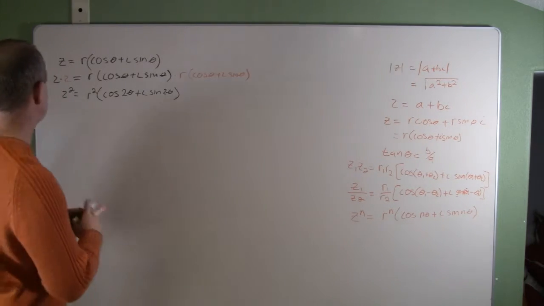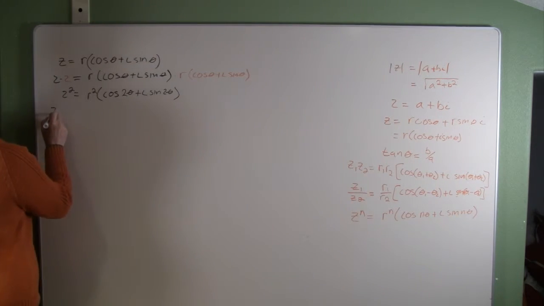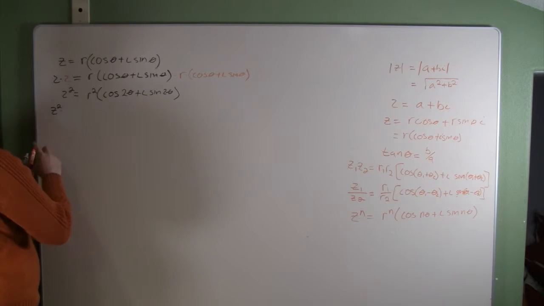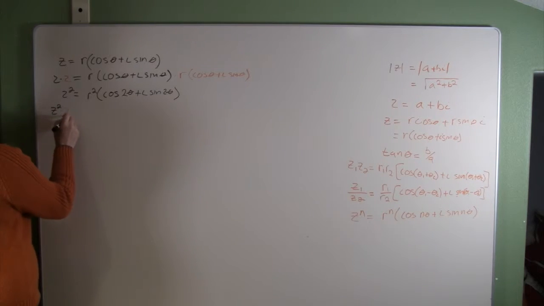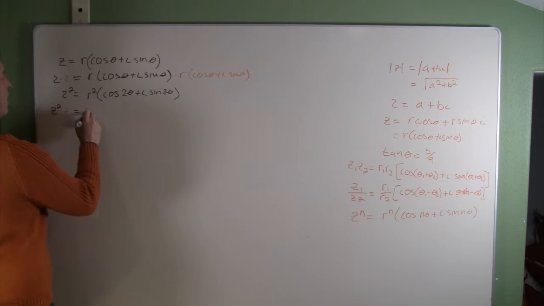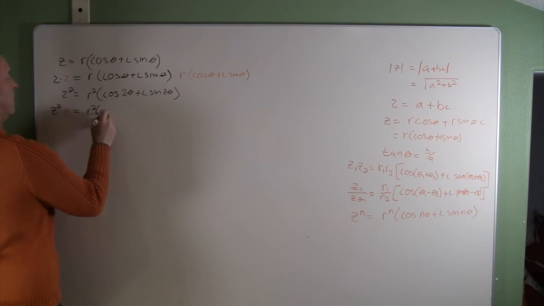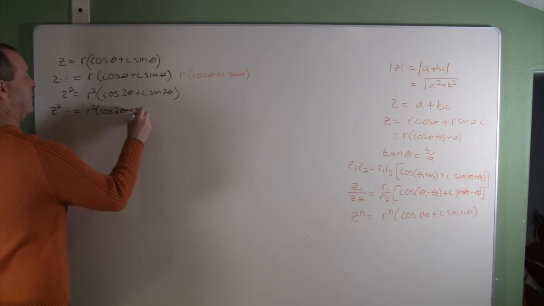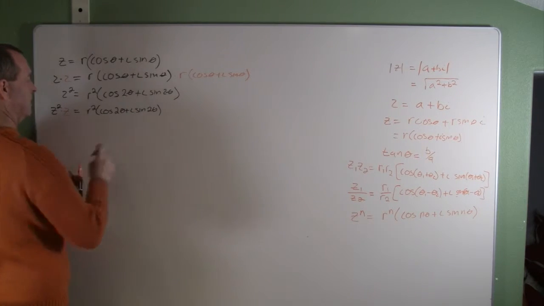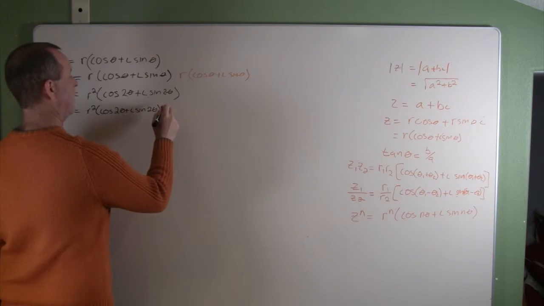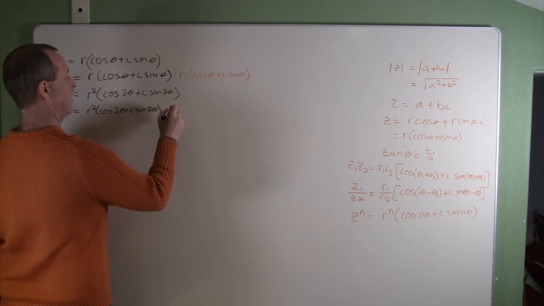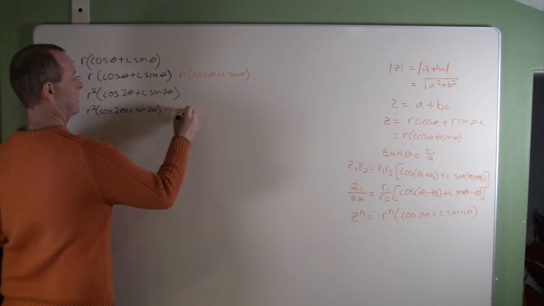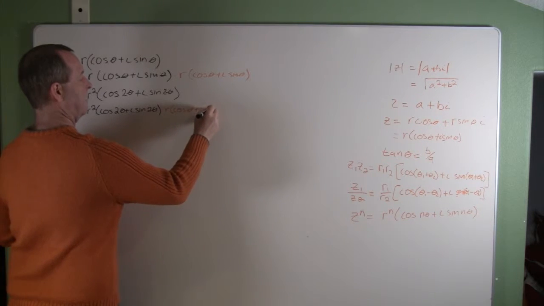Let's find the next one. Let's take z squared and multiply it by z again, so basically z cubed. So I have r squared times cosine of 2 theta plus i sine of 2 theta, multiplied by another point z, which is r times cosine theta plus i sine theta.